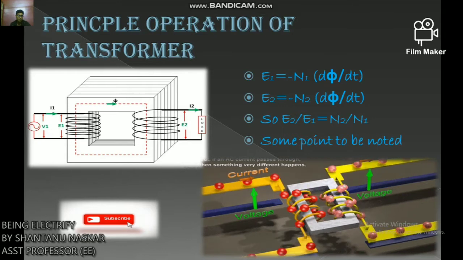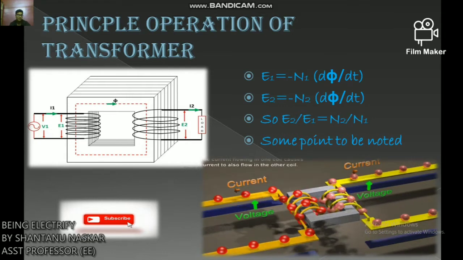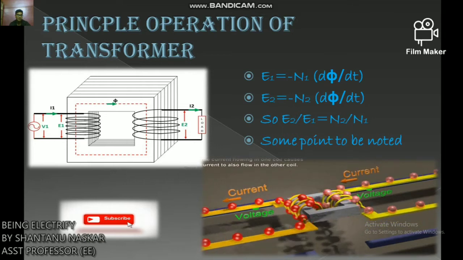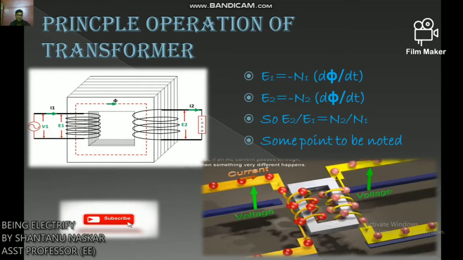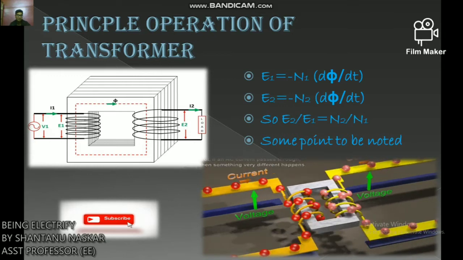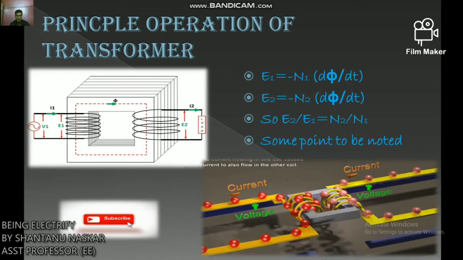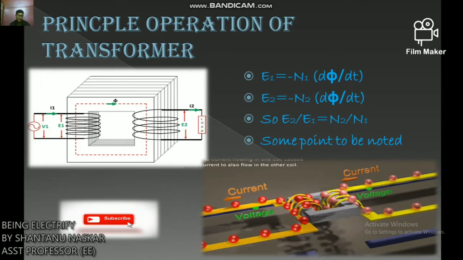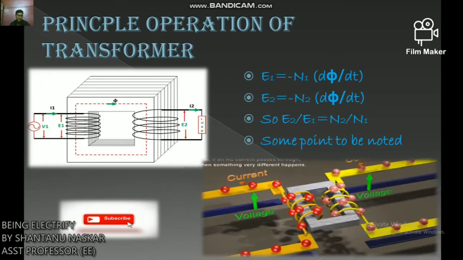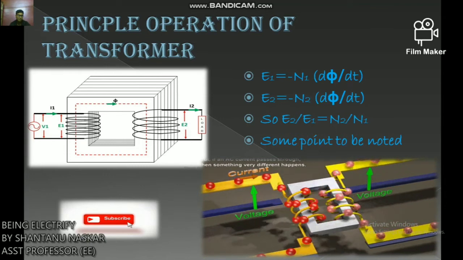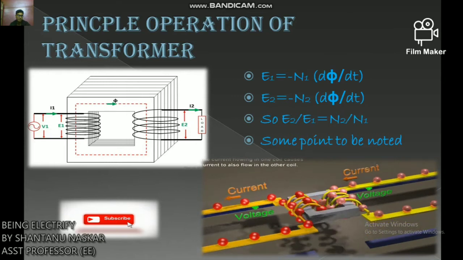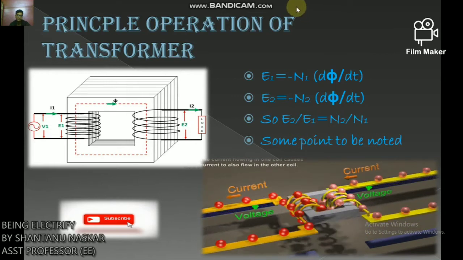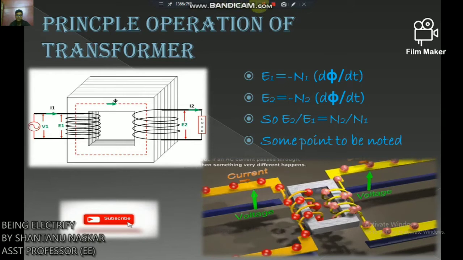Number four, the losses that occur in a transformer are core losses, made up of eddy current loss and hysteresis loss, and copper losses, which occur in the resistance of the winding. In practice these losses are very small, so the output power is nearly equal to the input primary power. In other words, transformer efficiency is very high.